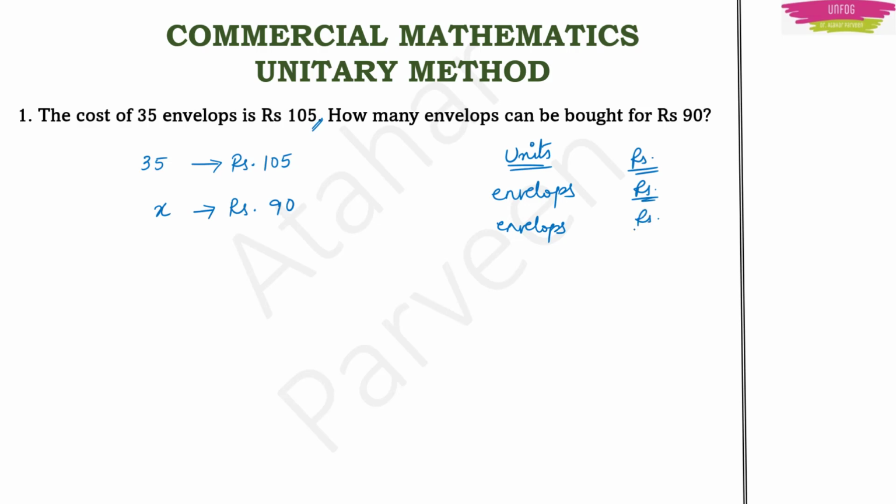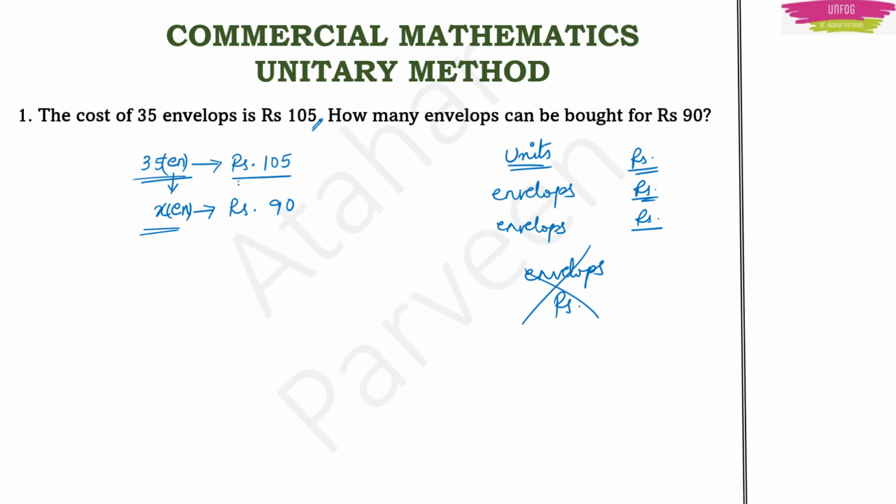Here also it should be amount. In case you write amount below envelopes, then your answer will go wrong. Okay. So here I am just writing E for envelopes. So below envelopes, I have to write envelopes only. X envelopes. Okay. EN I will write, or else you will get confused. 35 envelopes. Below that I have to find how many envelopes, that I am writing. Correct?